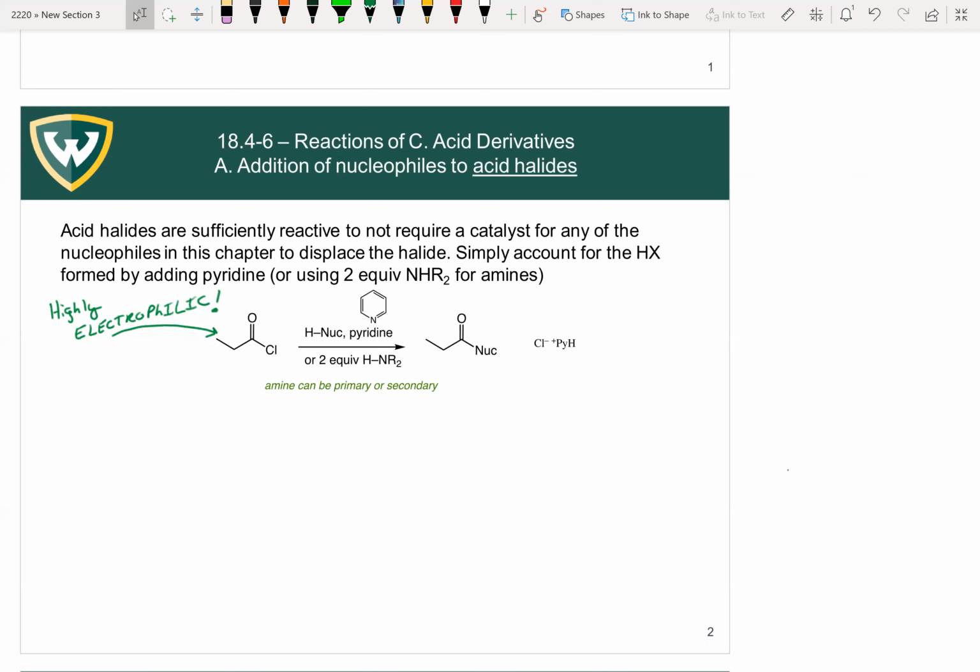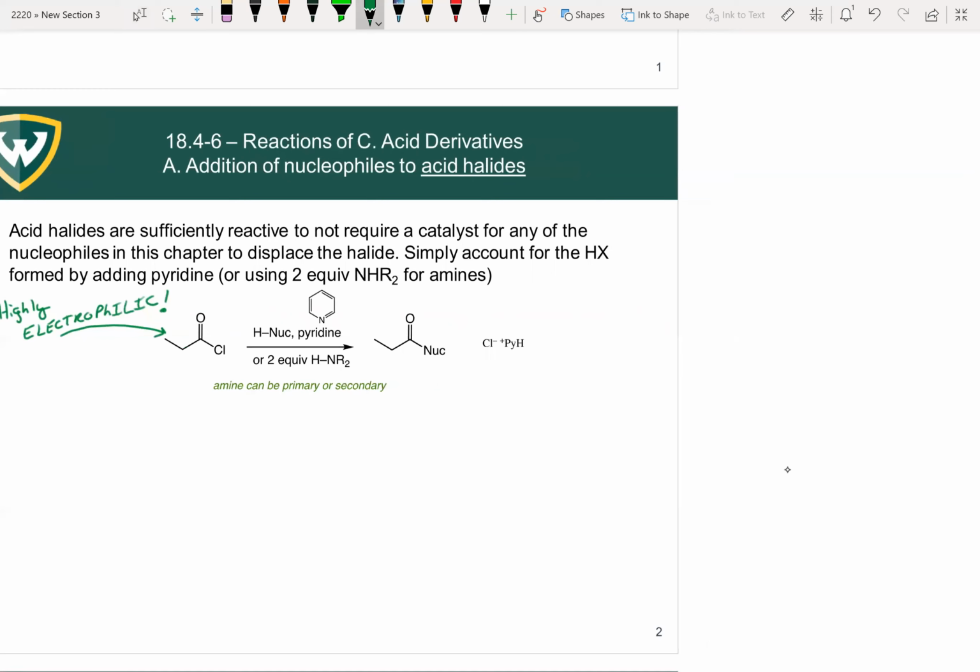Here we have a mild base catalyzed or mediated substitution. In this case, our H-nuc is going to be HNR2. And HNR2 is able to add in without any help to an acid chloride.